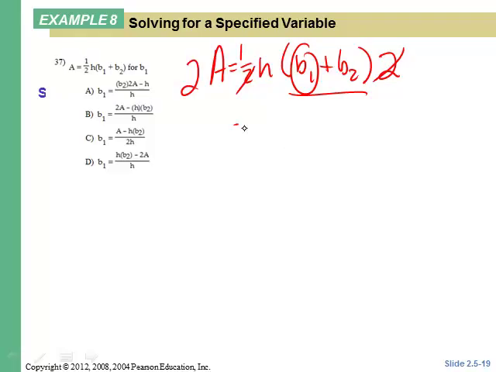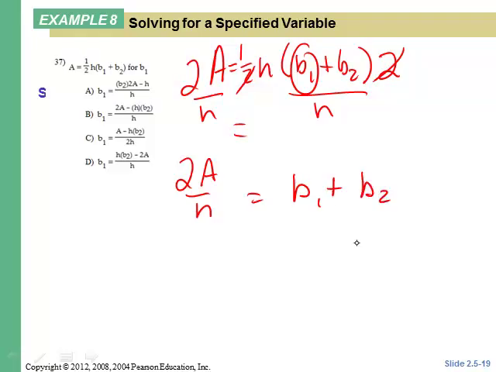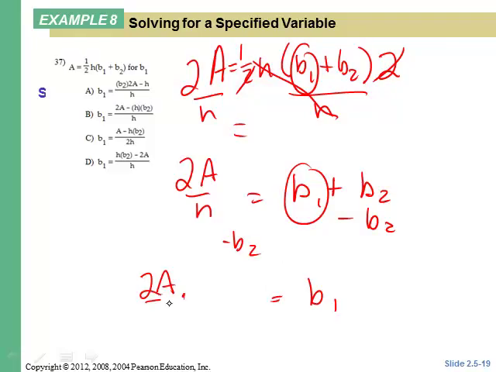That's what I'd be tempted to do, but I'm not going to do that because I can get rid of that H also by dividing both sides by H. And I have 2A over H equals B1 plus B2. Okay, and then we want the B1 all alone, so now I'm going to subtract B2 from both sides, and I get B1 equals 2A over H minus B2.